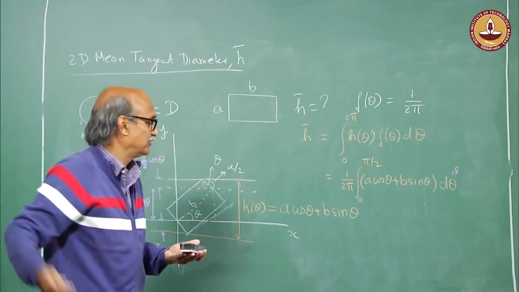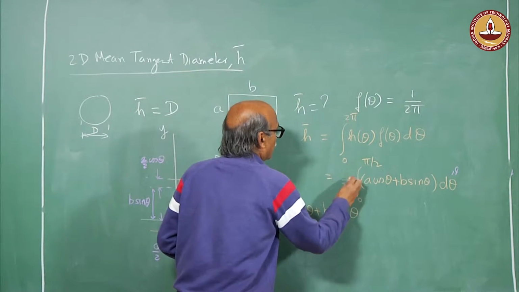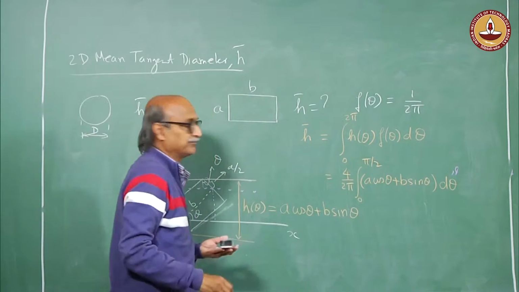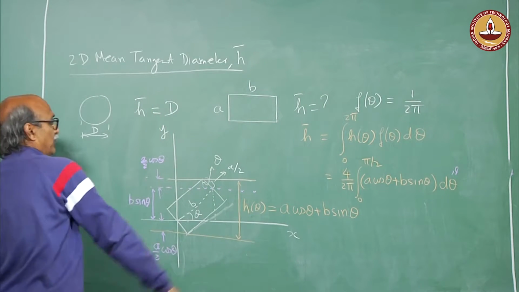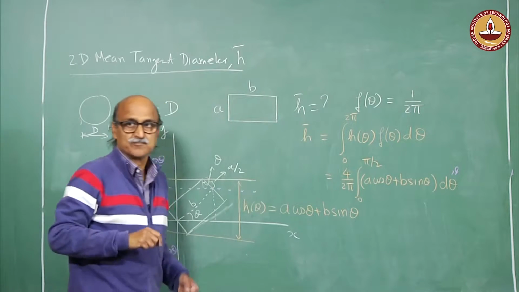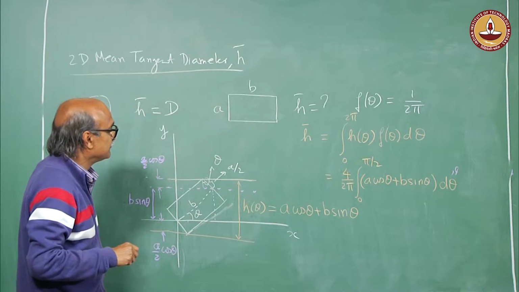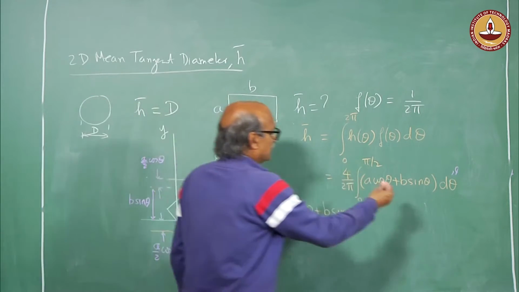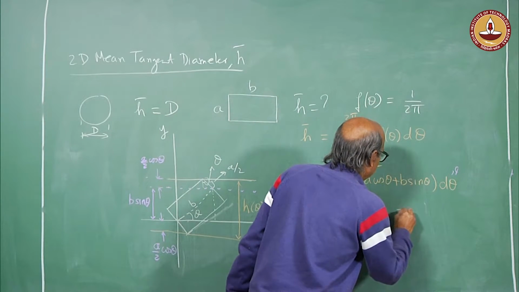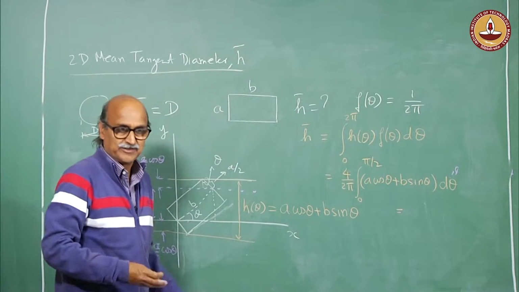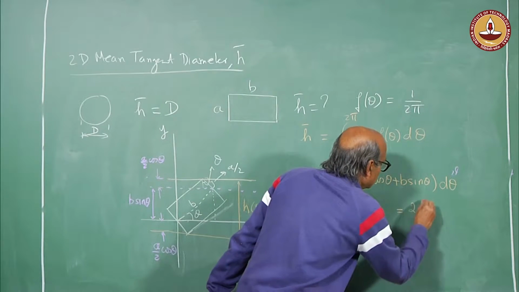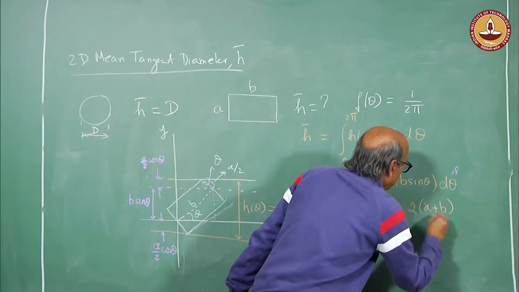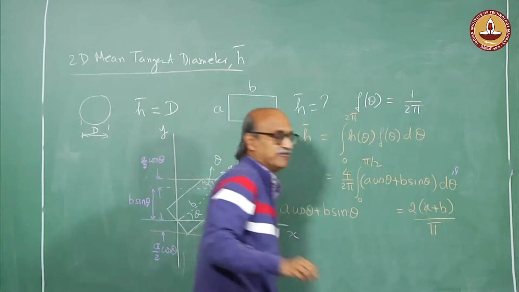So, there are 4 such integrals. So, there will be a factor of 4 that will come out here. Okay. This is what that integral would become. All right. Now, this is a simple integral. I will directly write the result now. This will give me the result 2 times a plus b divided by pi.